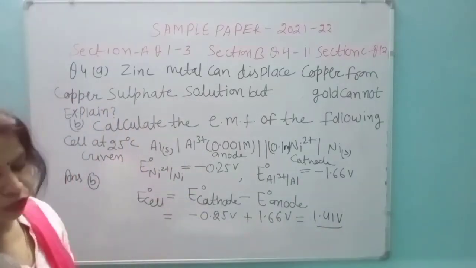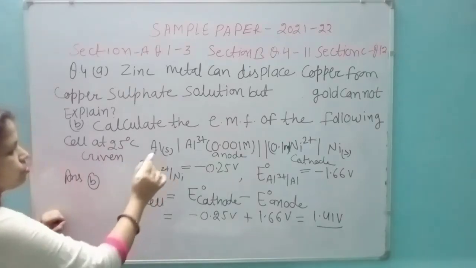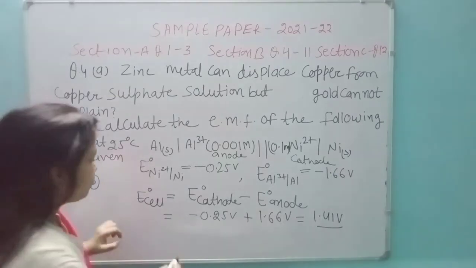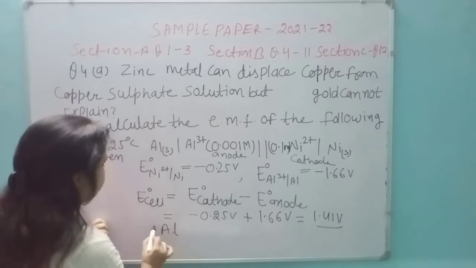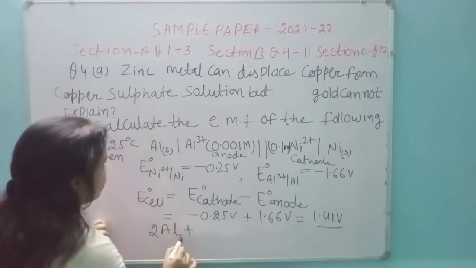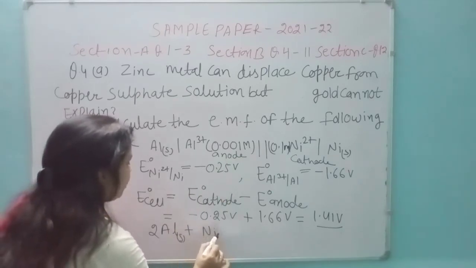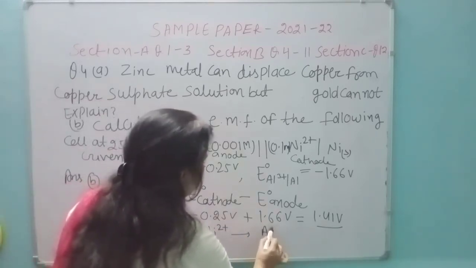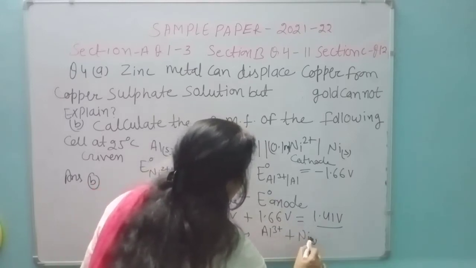Now write down the Nernst equation. What is the Nernst equation? First of all, write down the equation of this. Al, aluminium, solid, reacts with nickel Ni 2 plus, converting into Al 3 plus and nickel solid.